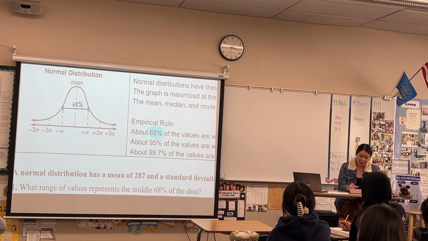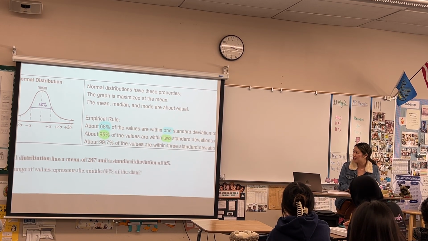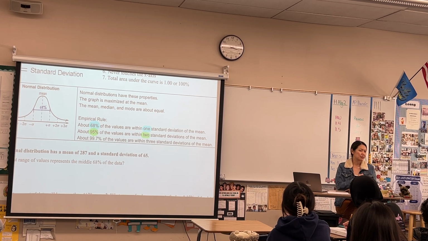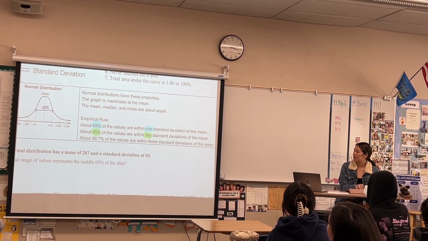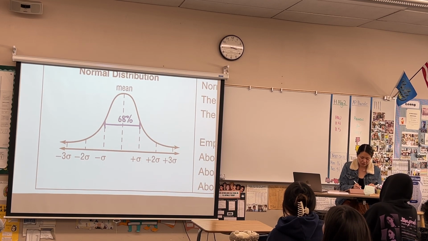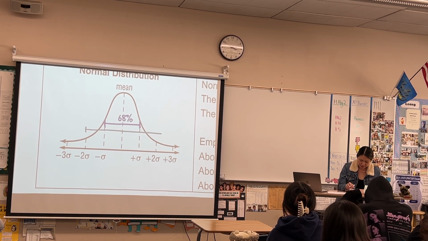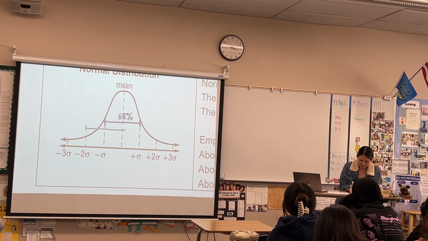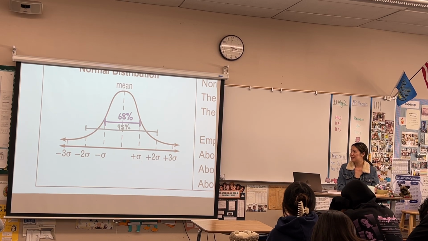95% would be within 2 standard deviations of the mean. 95% is within 2 standard deviations of the mean. So if I were to go out from here to here, that would capture 95% of the data.